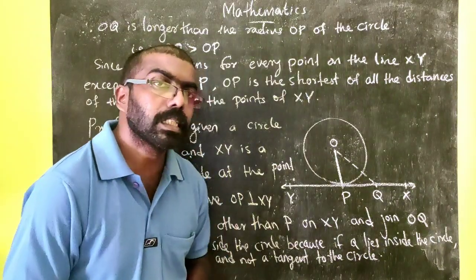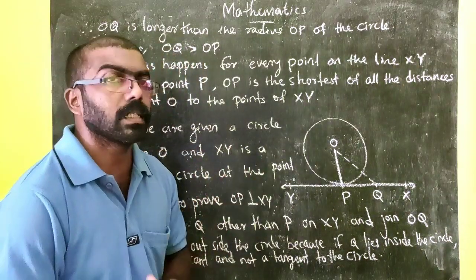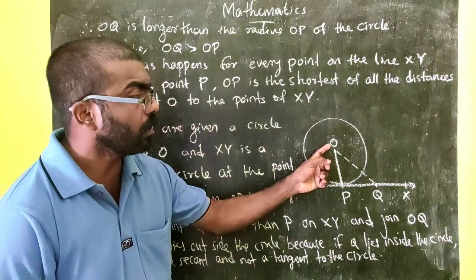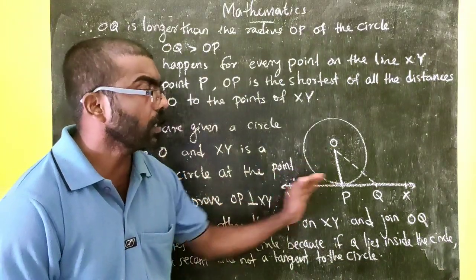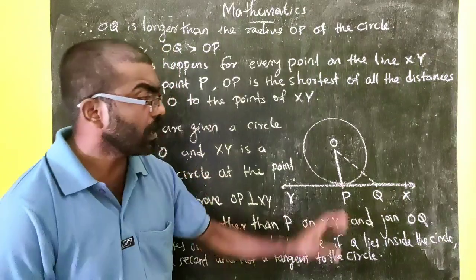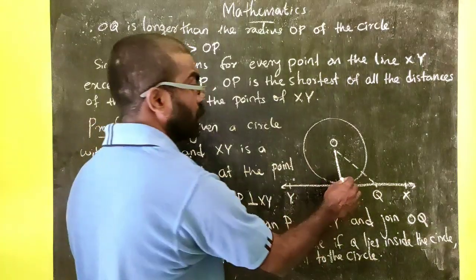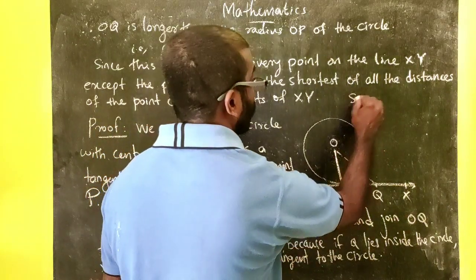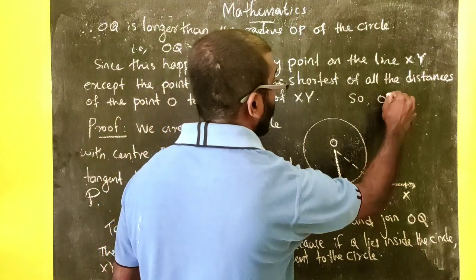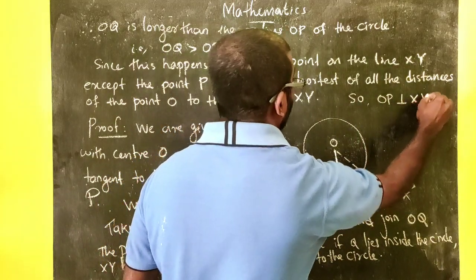Here we got OP is the shortest of all the distances of the point O to the points of XY, so it must be the perpendicular distance. So we can conclude, OP is perpendicular to XY.